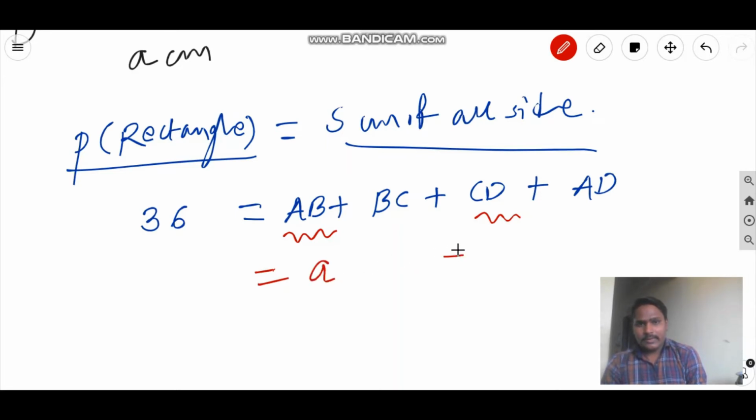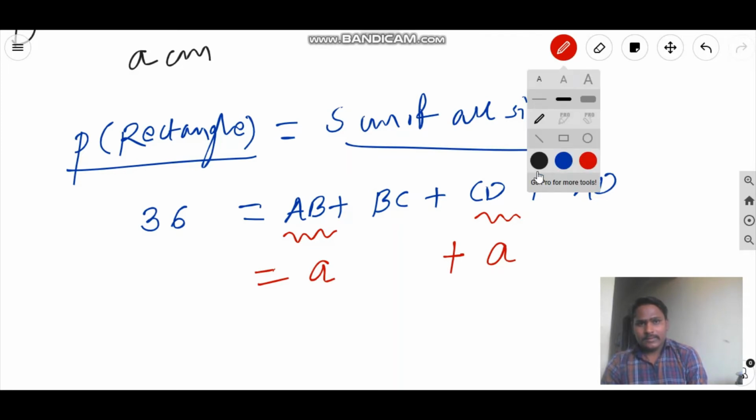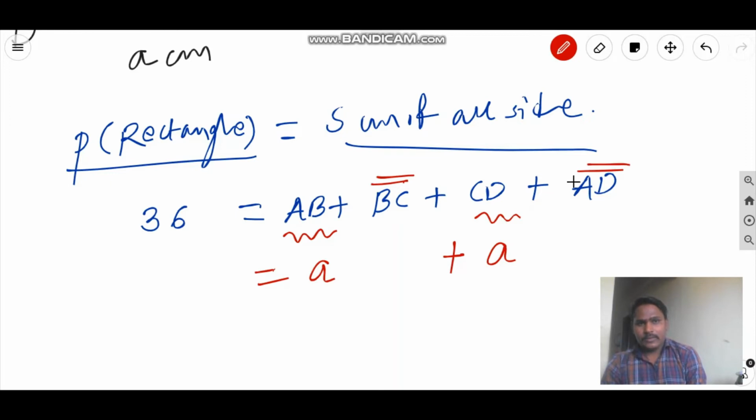So here we first write a, and the remaining two, BC and AD, are also equal, and they are nothing but b. So b for AD, b for BC, and here it is 36 on the left side.